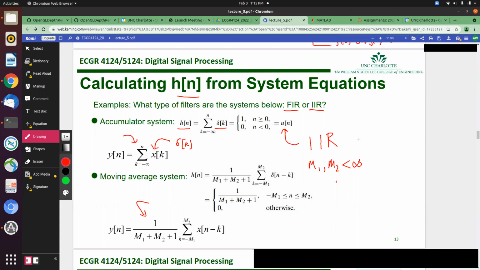We'll also assume that M1 and M2 are greater than 0, so that the sum is easier to analyze. So that means we're starting from some negative number, minus M1, to some positive number, M2.